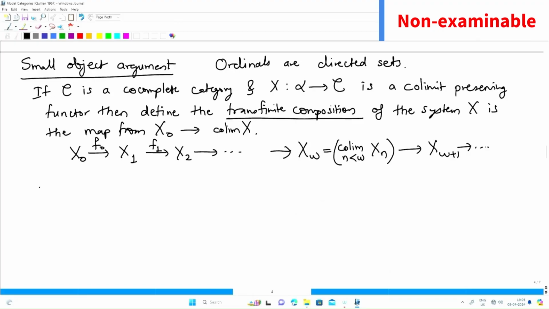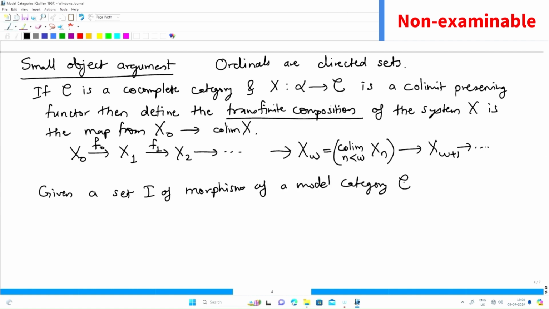Beautiful. Now, I'm going to sweep a lot of things under the carpet. Given a set I of morphisms of a model category C, we can define various classes of morphisms.